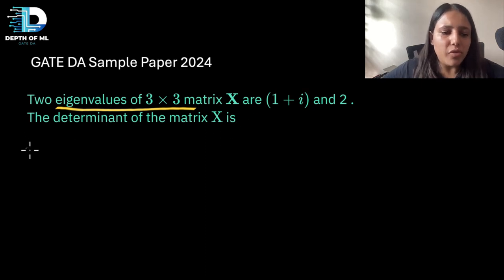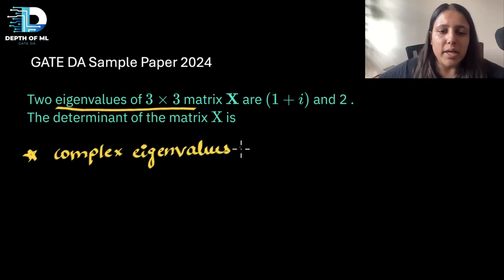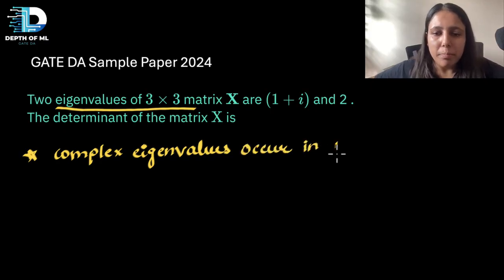Okay. So here you need two concepts. The first concept is that complex eigenvalues always occur in complex conjugates. Complex eigenvalues occur in pairs of complex conjugates.